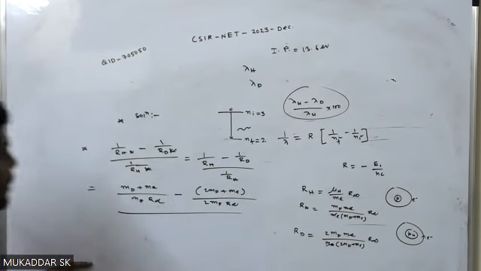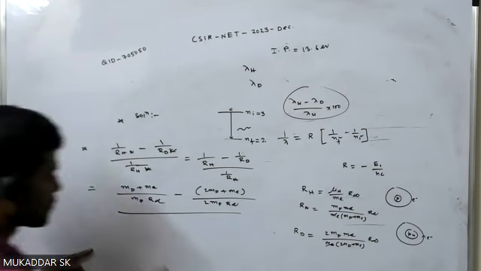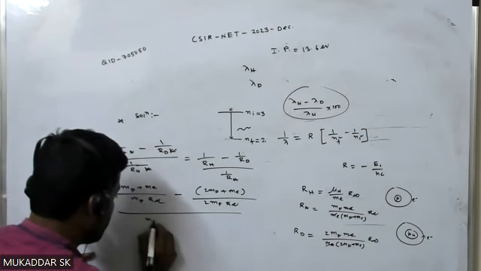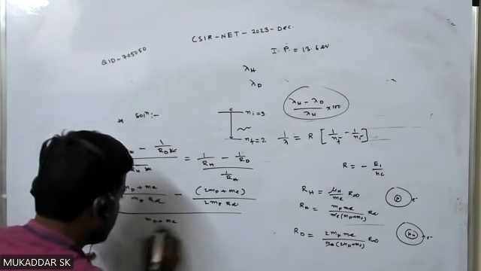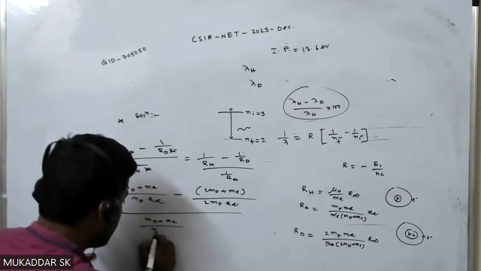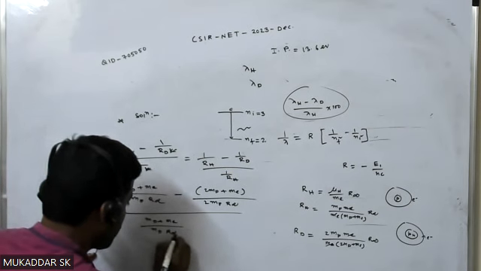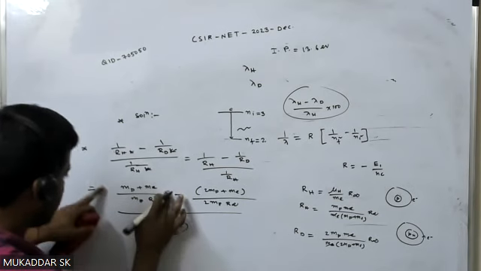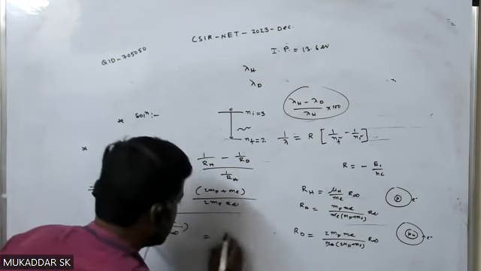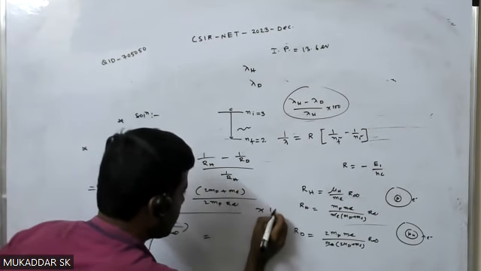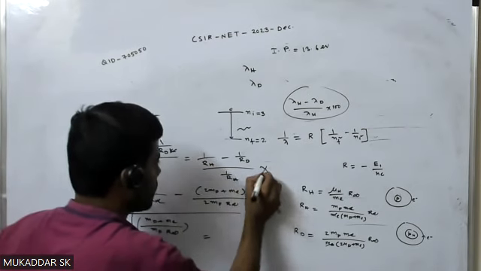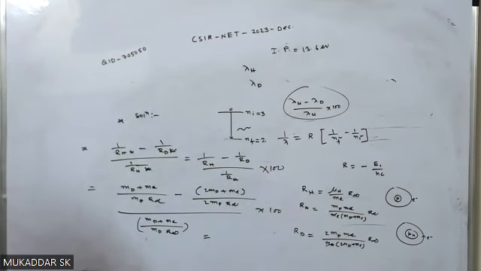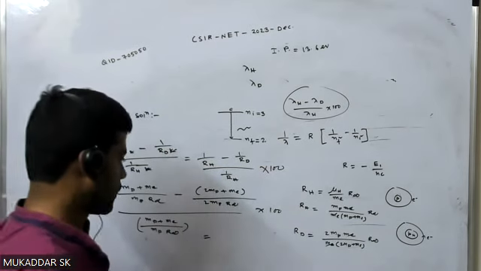And you have 1 by R_H, which again will be mp plus me divided by mp into R infinity. Now what we'll do, I'll divide this by this. Of course, you have 100, that you have to keep in mind. This is important.